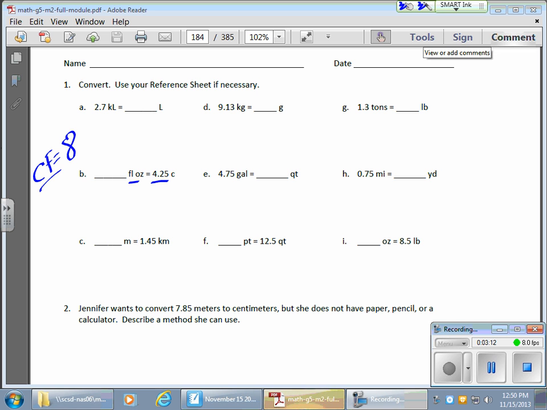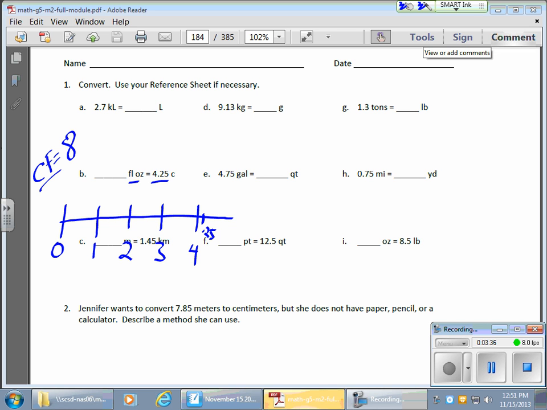And now I can set things up a little bit. I can start my number line if I want to go right to my number line. And since I need cups here, so that's 0 cups. That's 1 cup, 2 cups, 3 cups, 4 cups, and a little extra. Here's my 0.25 cups right there. So 4.25 cups.